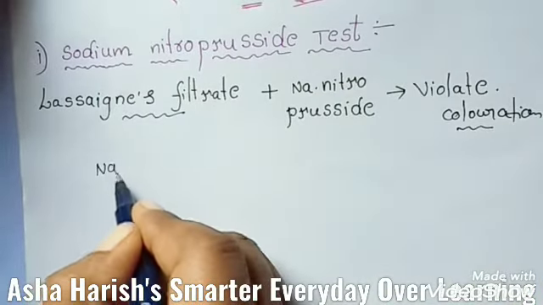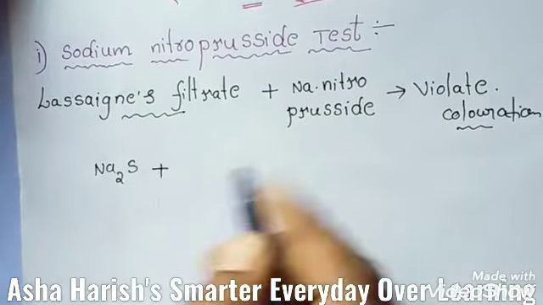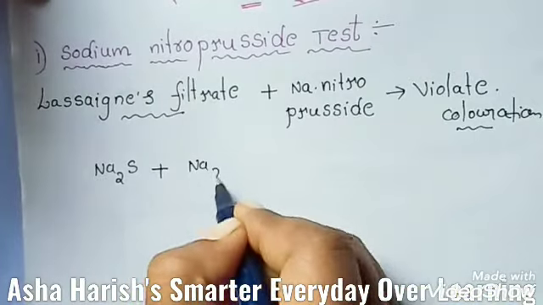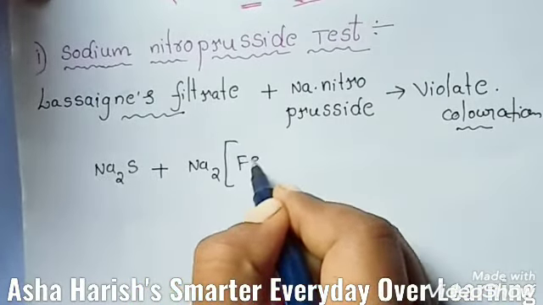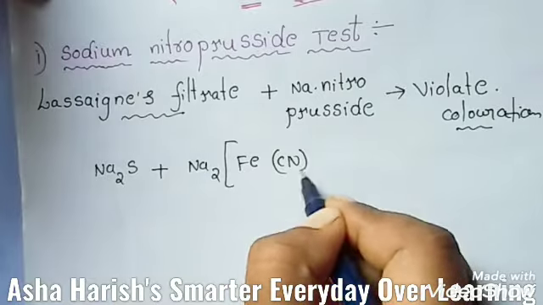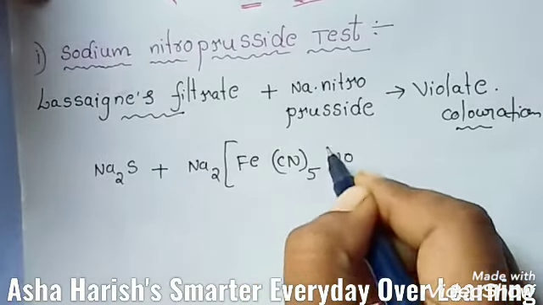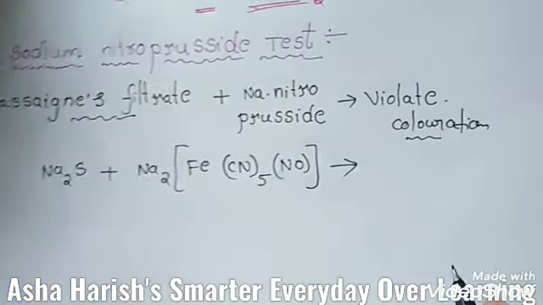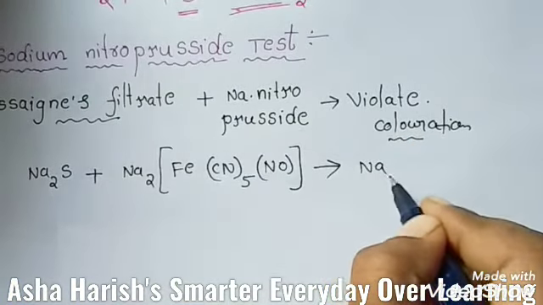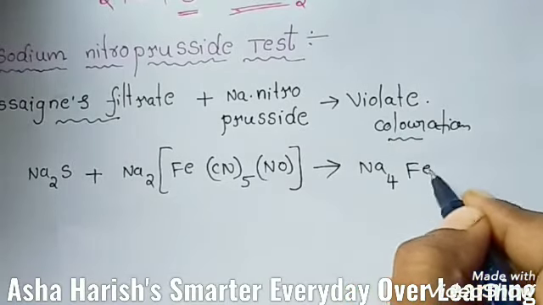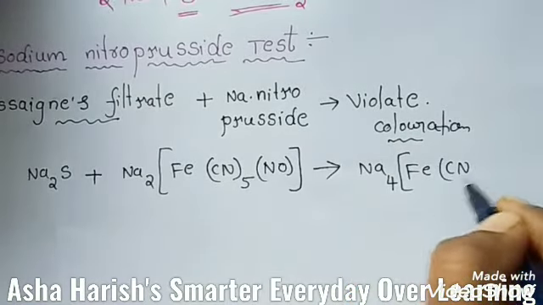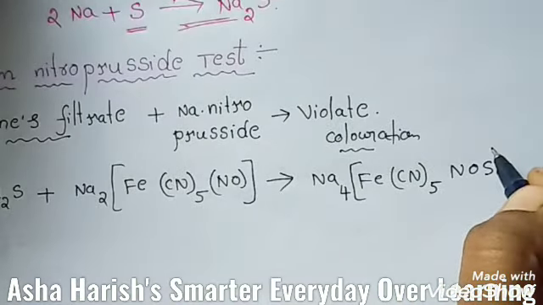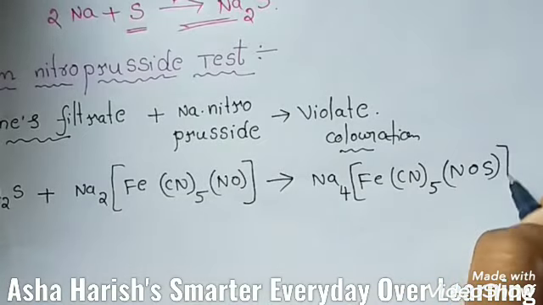Suppose Na2S plus sodium nitroprusside, the formula of which is Na2[Fe(CN)5NO]. Then the violet colored compound has the formula Na4[Fe(CN)5NOS].